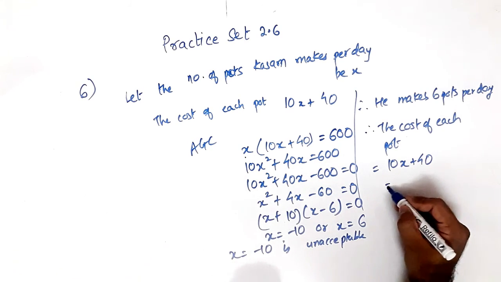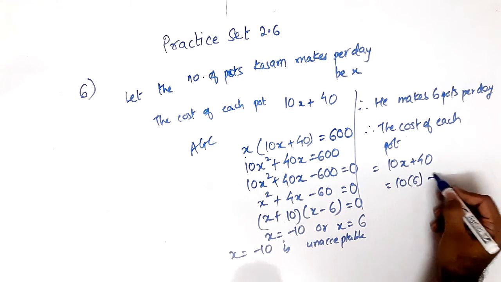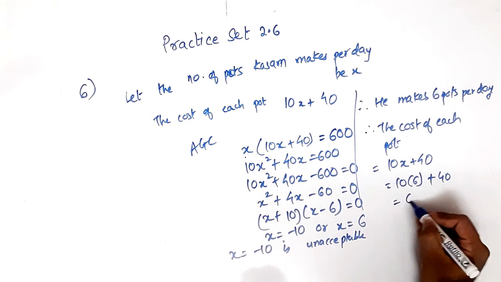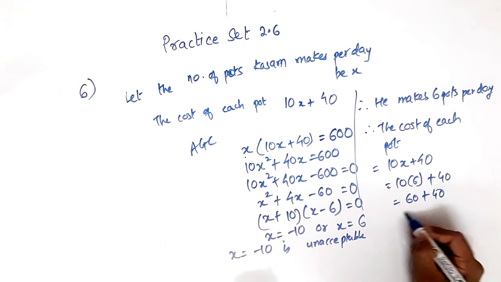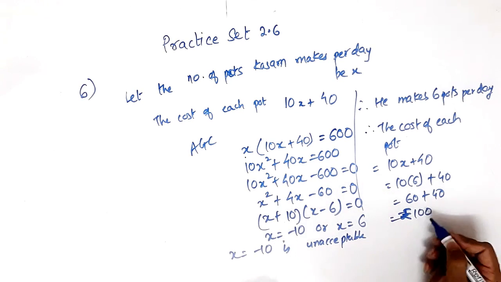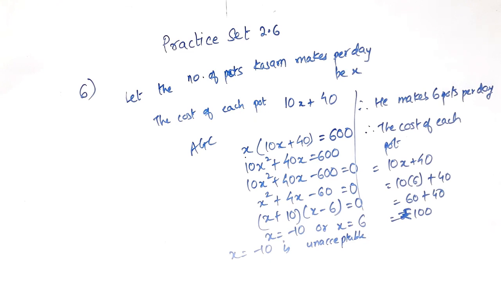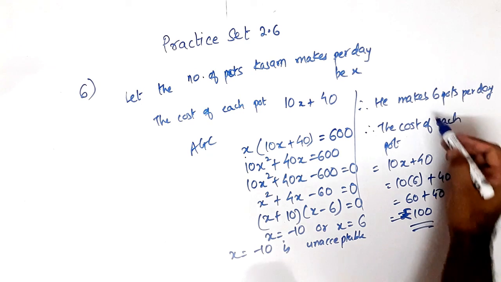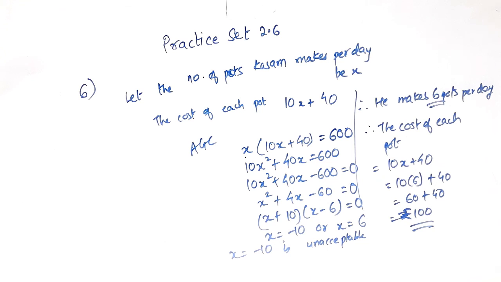So that is 10 into 6 plus 40, that is 60 plus 40, 100 rupees. Okay, this is the cost of each pot and this is the number of pots he makes per day. Okay, so we'll move on to the 7th one now.